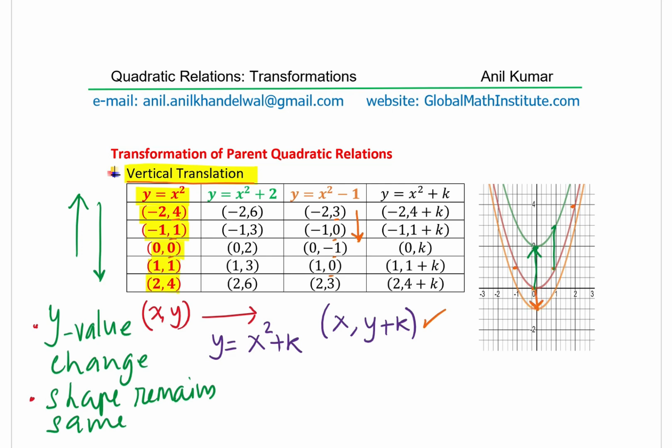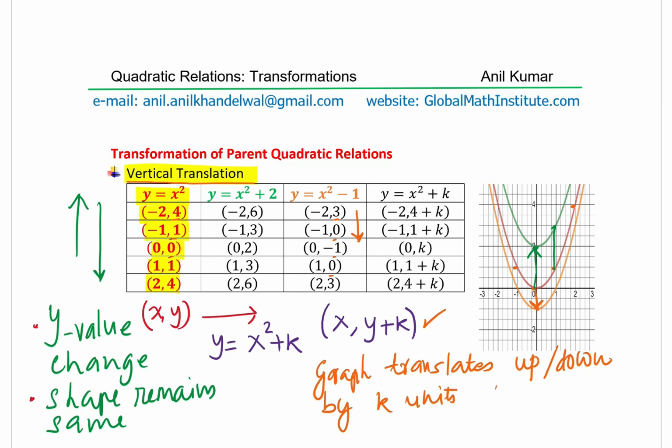As you can see here, the graph translates up or down by k units. Up when k is greater than 0 and down when k is less than 0, or negative. Clear? And that is going to be the shape of the graph.